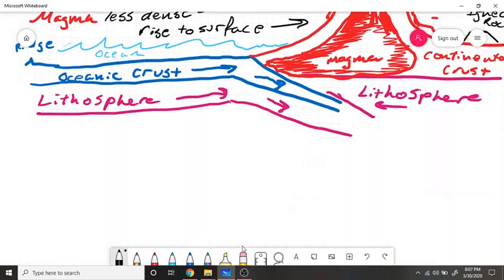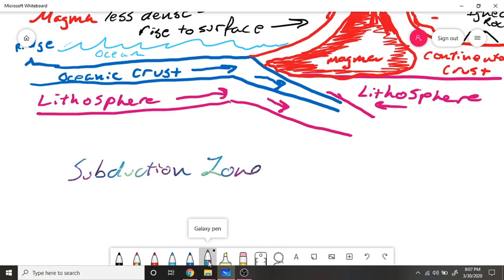Subduction zones occur all around the world. They occur around the edges of the Pacific Plate.